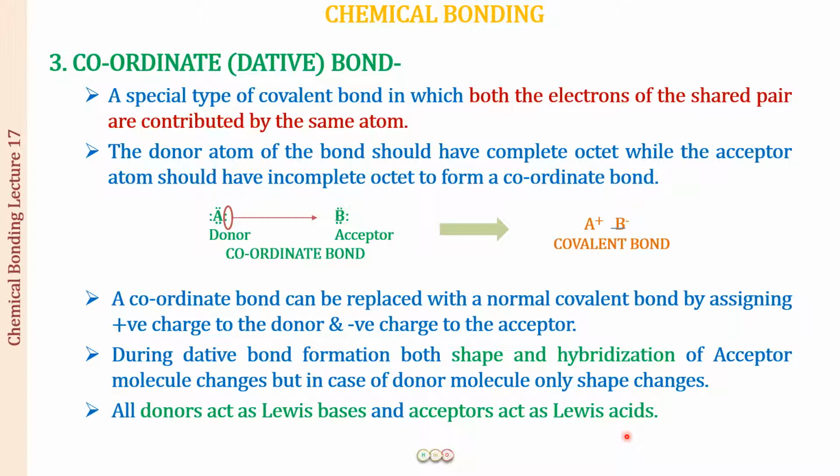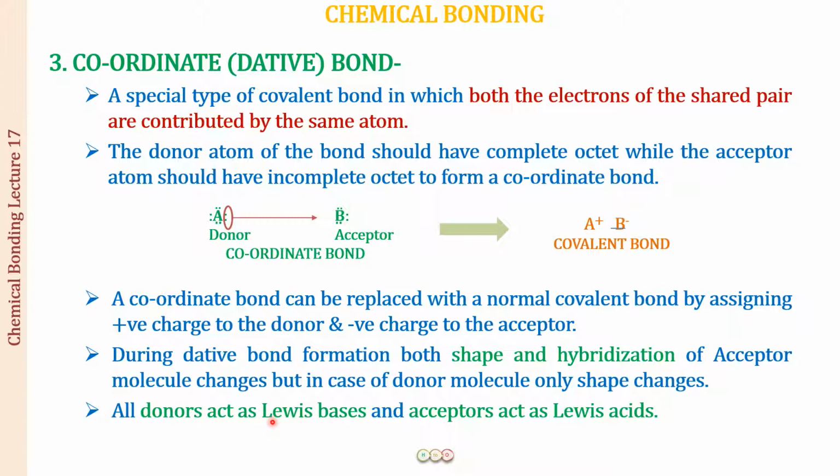But there are certain more definitions of acids and bases which you will be learning in the course on chemical equilibrium. Okay, so this is also in 11th only, where you will learn what Lewis acids and Lewis bases are. Lewis acids will be the molecules or the ions or the atoms that can accept an electron pair, whereas Lewis bases will be the ones which can donate an electron pair.